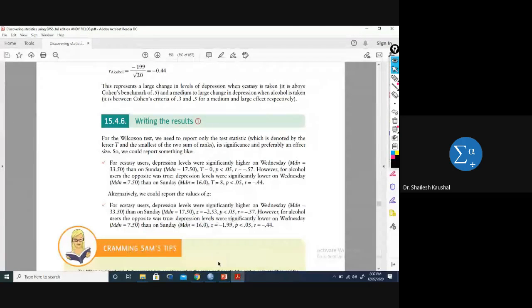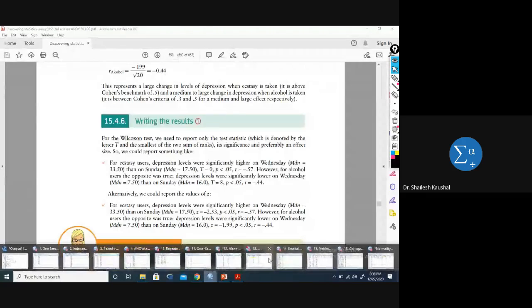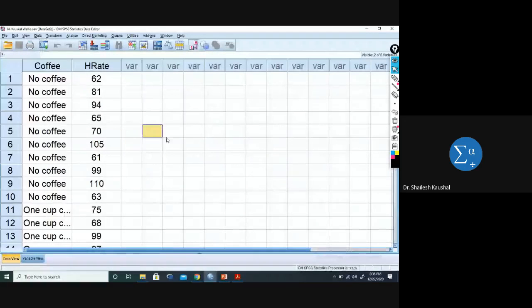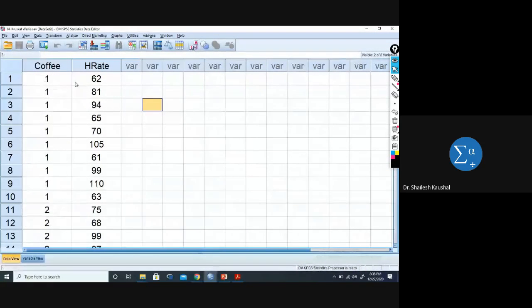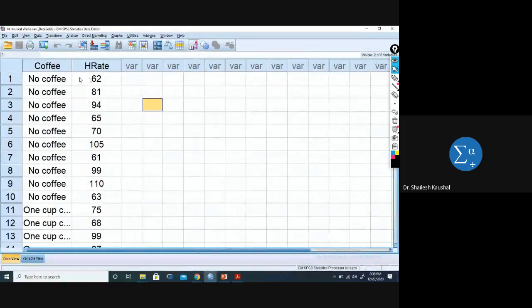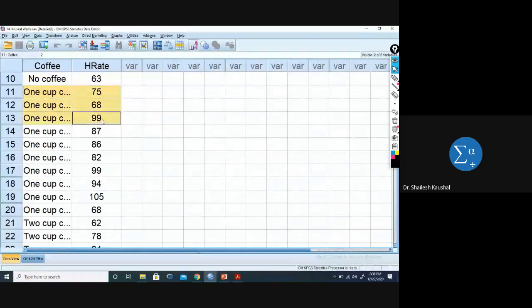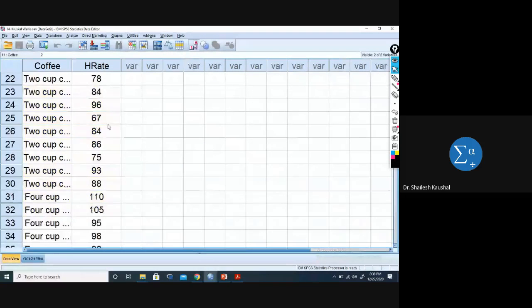Okay. Now we use the Kruskal-Wallis test. In this case study, we want to know whether coffee consumption increases heart rate score or not. There are 4 groups. One group we are not giving coffee to the 10 participants and we are measuring the heart rate score. Another group we are giving 1 cup coffee per day and measuring the heart rate score of 10.